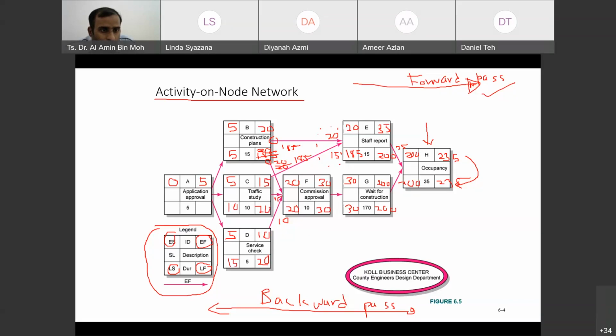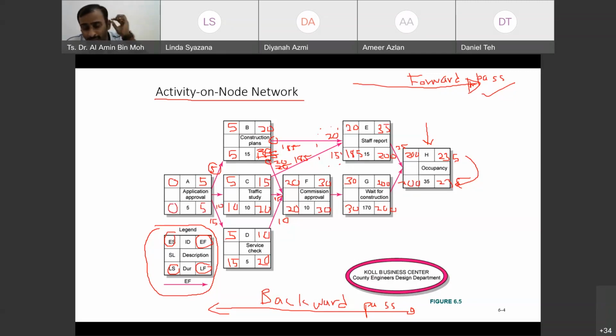So can you tell me what value we should insert here? 5. What are the choices that we have? We have 15, we have 10, we have 5. Since it's backward pass, we're going to choose the lowest, so 5. And 5 minus 5 is 0.